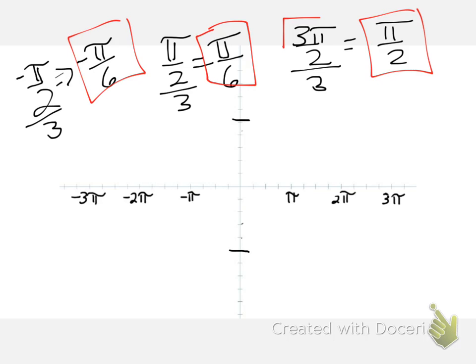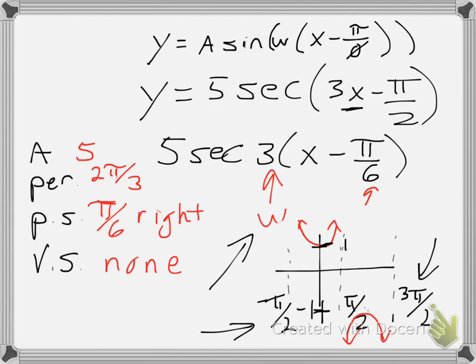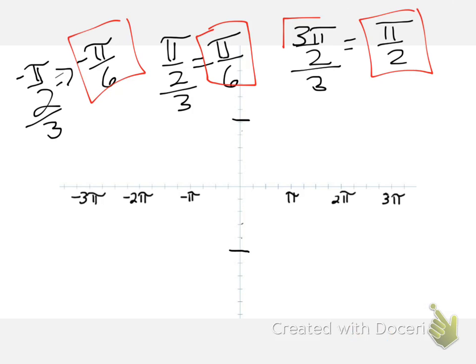Now I also have to account for my phase shift, which was pi over 6 to the right. So for each one of these, I need to add pi over 6. That's going to result in my new asymptotes. So I have an asymptote at 0.